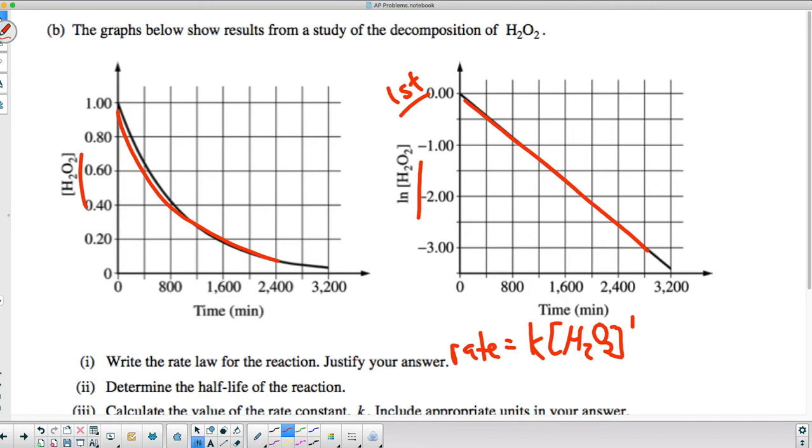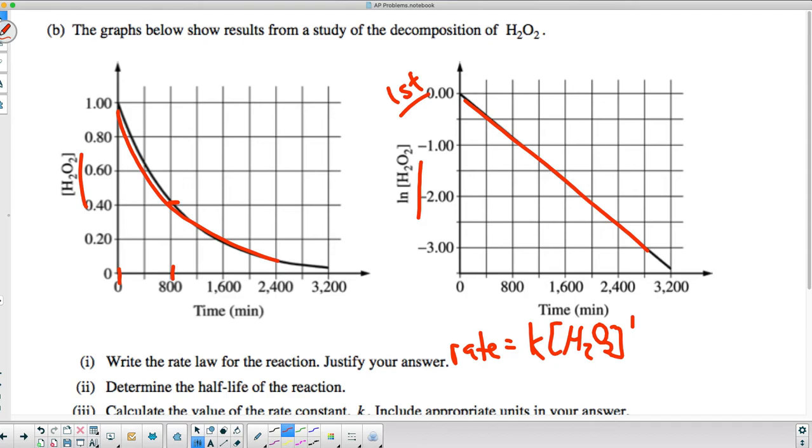To determine the half-life, we have to find, using the graph, the concentration versus time. Using the graph from 0 to 800 seconds, at 800 seconds we have a concentration that's pretty close to 0.4.